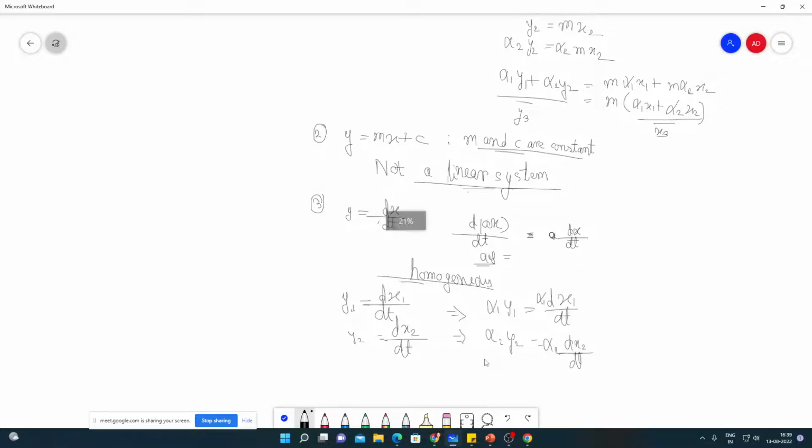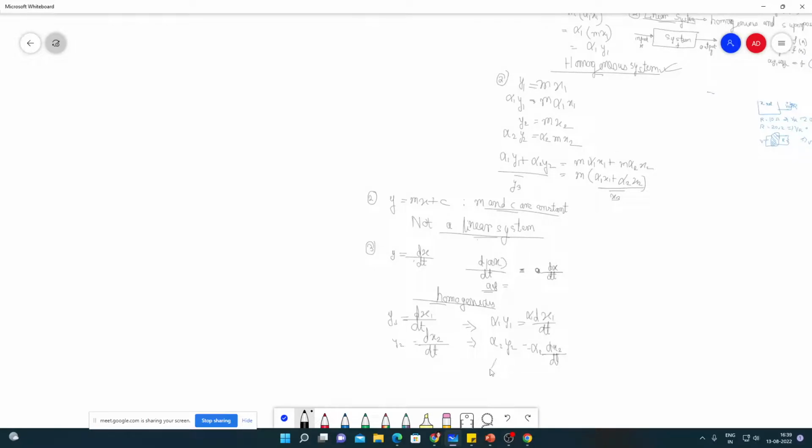Now let's add them together. alpha 1 y1 plus alpha 2 y2 equals alpha 1 dx1 by dt plus alpha 2 dx2 by dt. If we clump them together, we get d by dt of alpha 1 x1 plus alpha 2 x2. So it also satisfies superposition. It satisfies the homogeneity principle and it satisfies superposition.